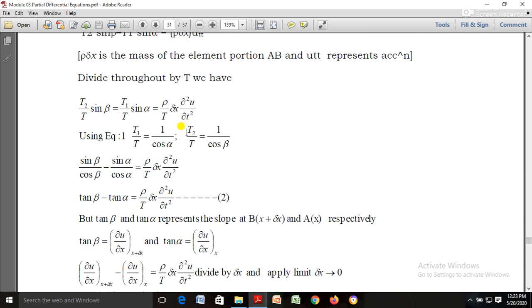Using equation 1, T1 by T is equal to 1 by cos alpha, and T2 by T is equal to 1 by cos beta.